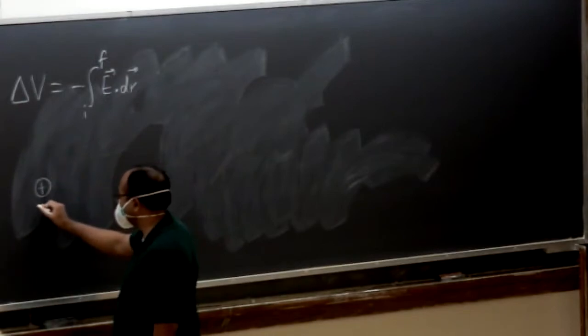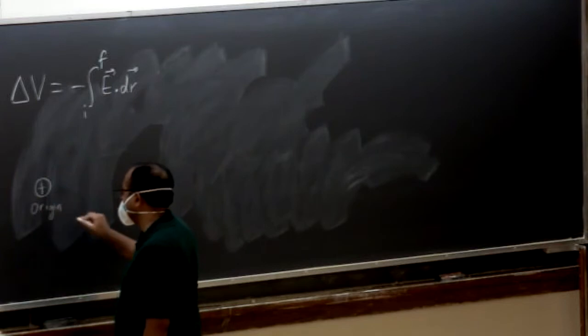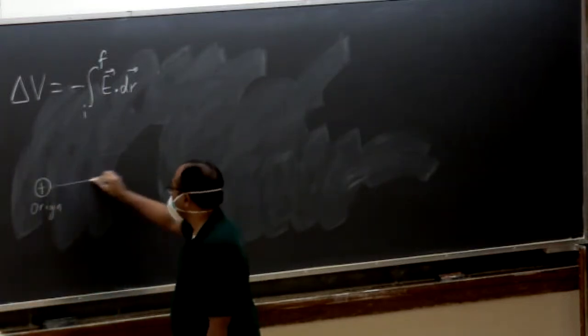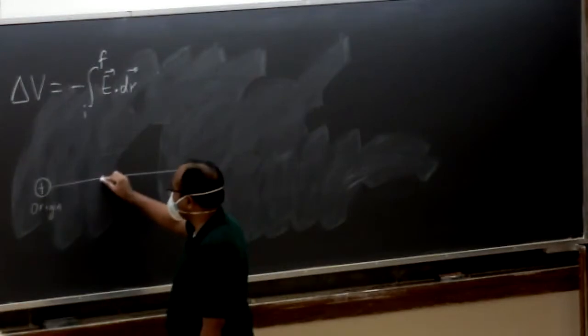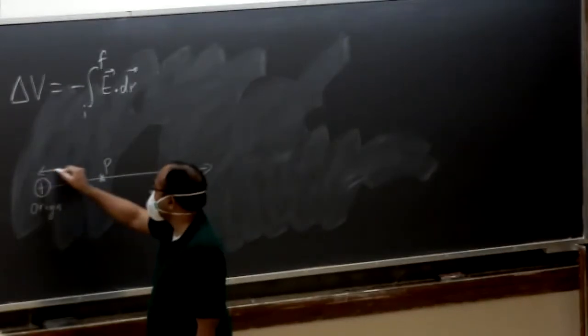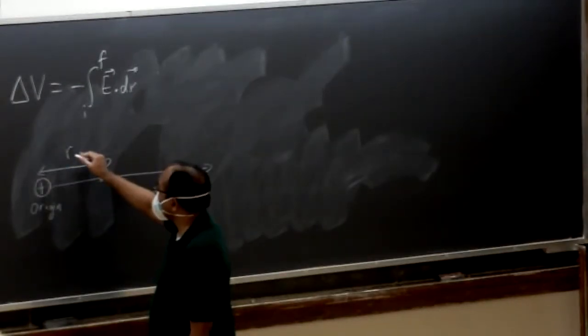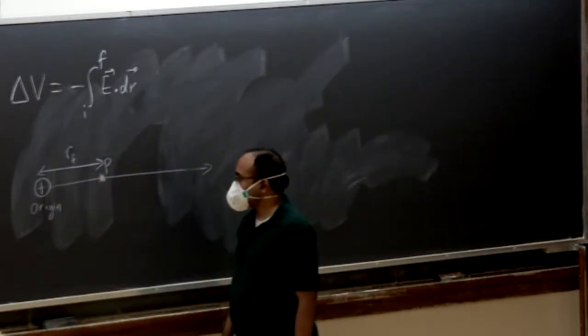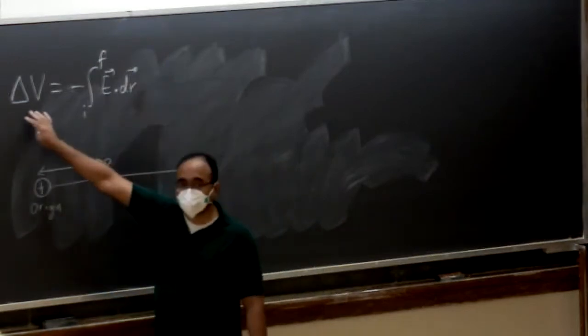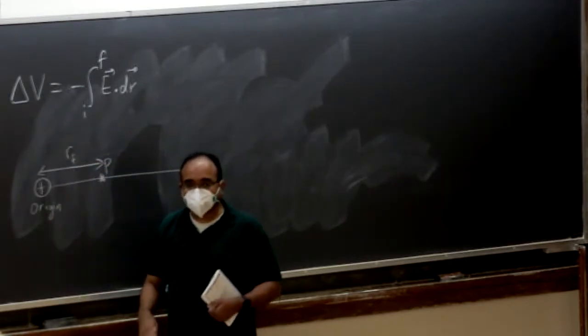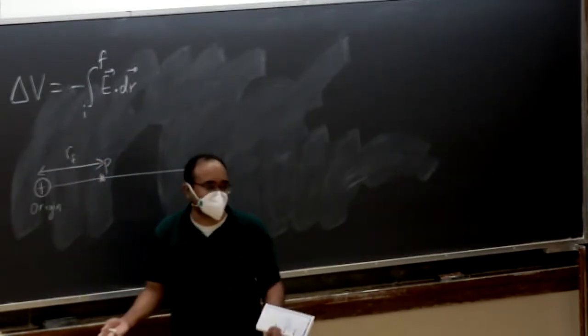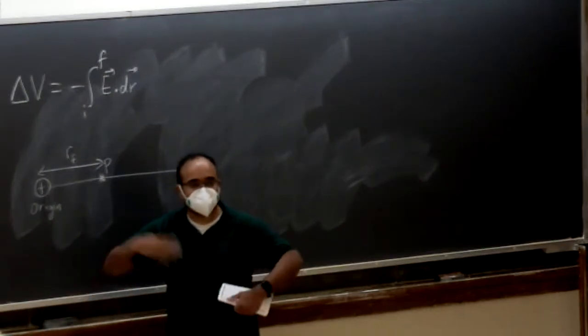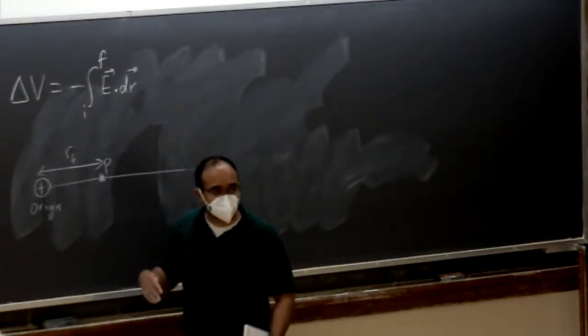Let's fix it at the origin, and we're trying to find the potential at a point over here, point P, which is some distance r final away from the charge. Now, this will give me a change in potential. So that means I need to know some starting potential, and then if I know the change, that will give me the potential finally over here.